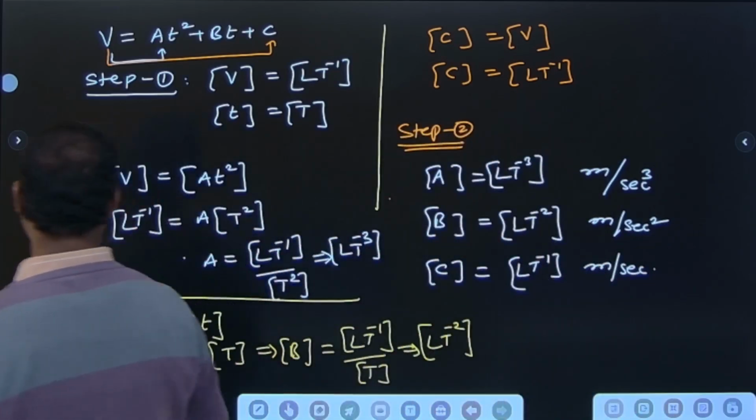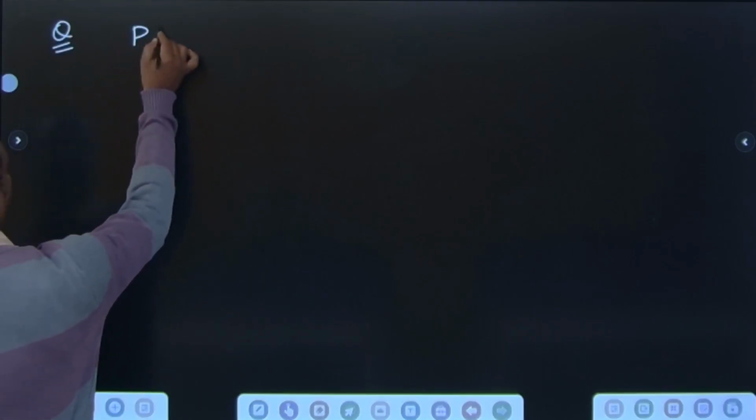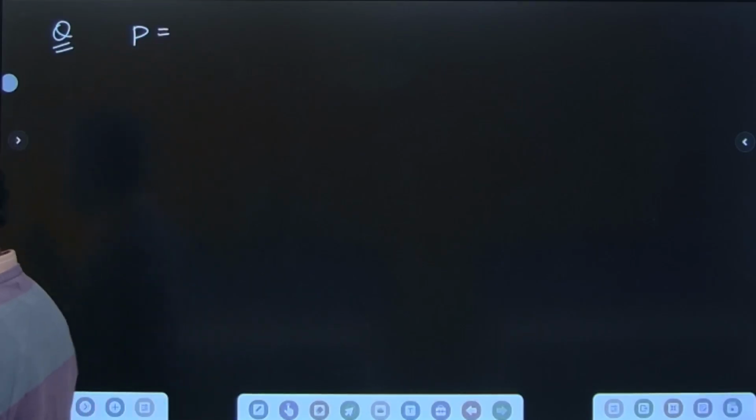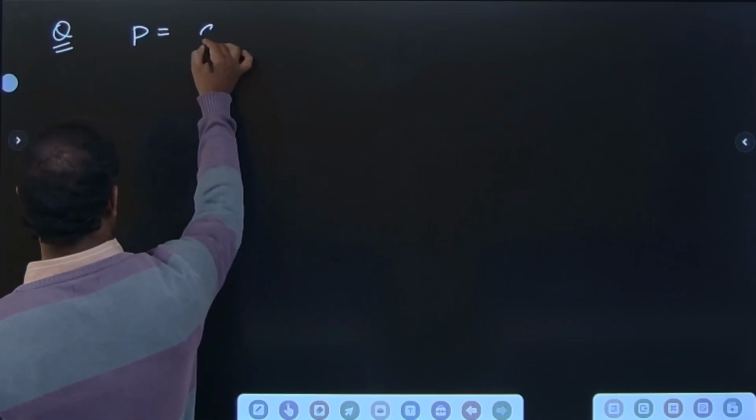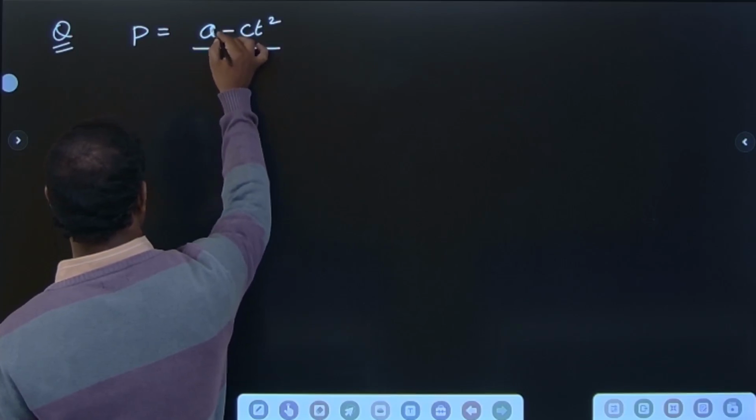I'm taking one more example, one question on this. Some equation is given: P is equal to A minus CT square by BX, where A is a small letter a.